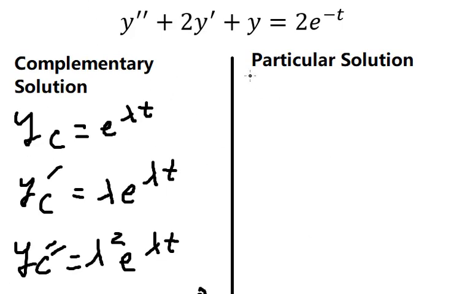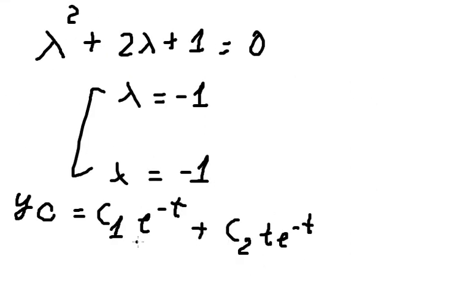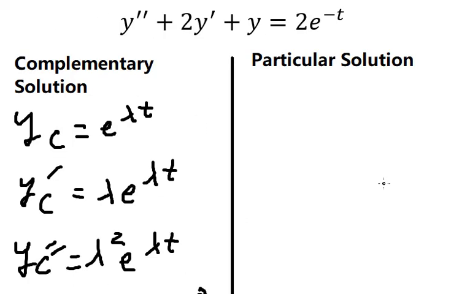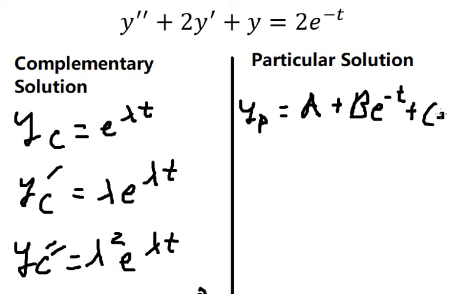Now we go to the particular solution. Because we have the same e to the power of negative t, for the particular solution I will put yp equals a plus b e to the power of negative t plus c t e to the power of negative t and d t squared e to the power of negative t.